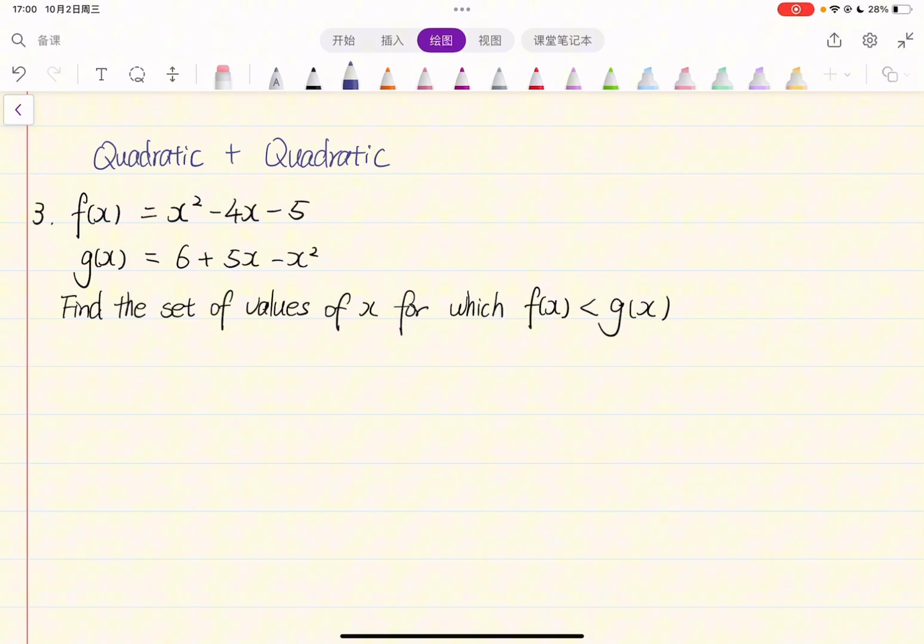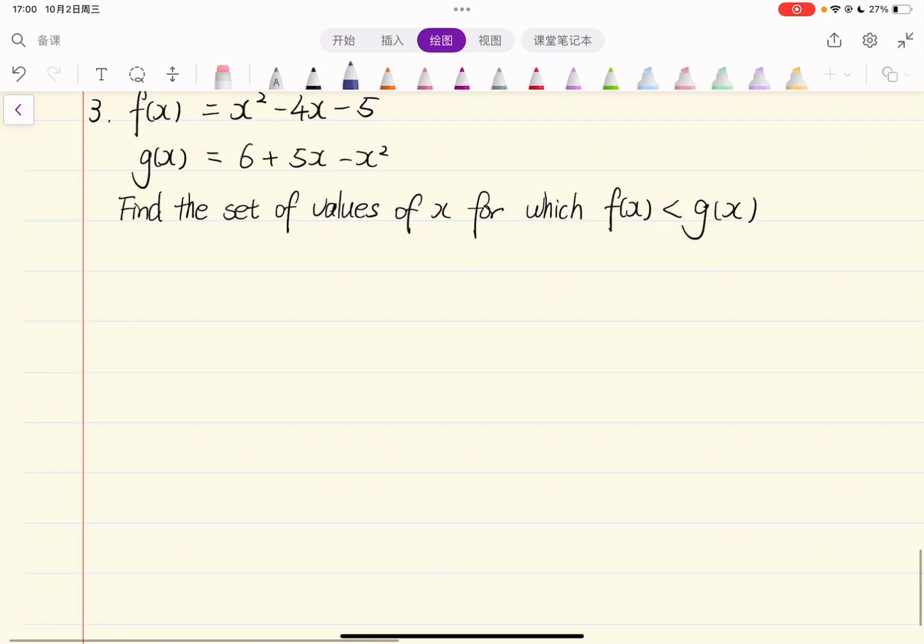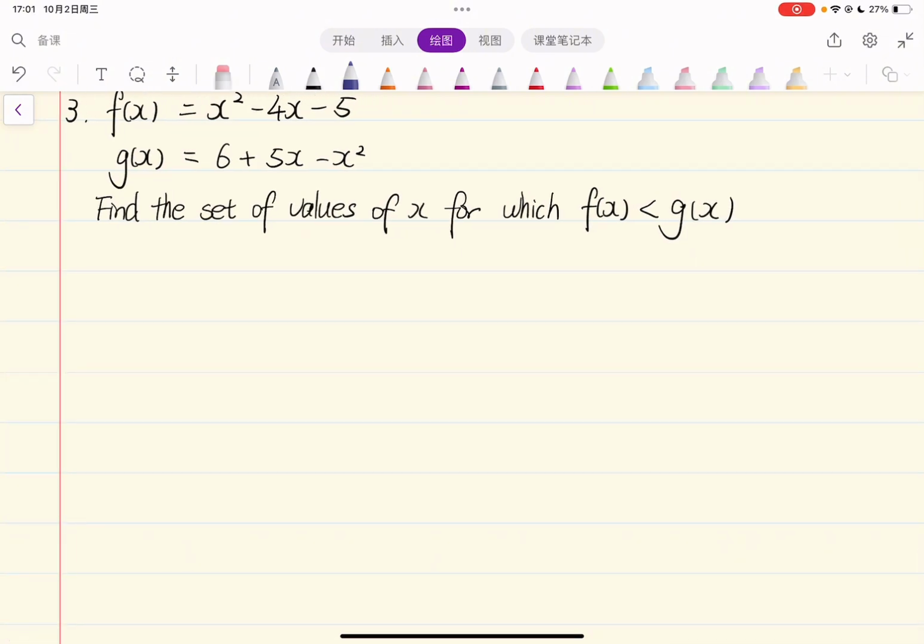Well, in here, the question does not provide the sketch of the graphs. So what we need to do is sketch them first. So we have the y-axis, x-axis, and the origin.